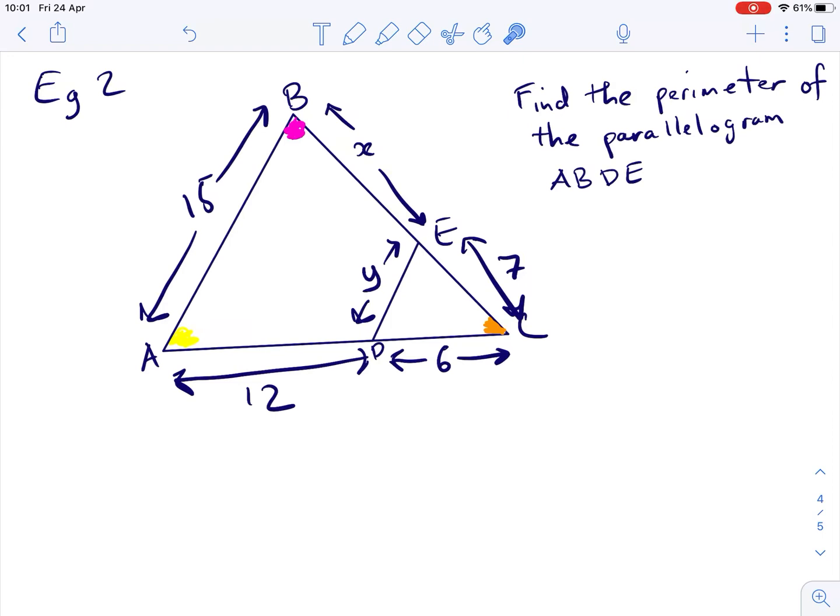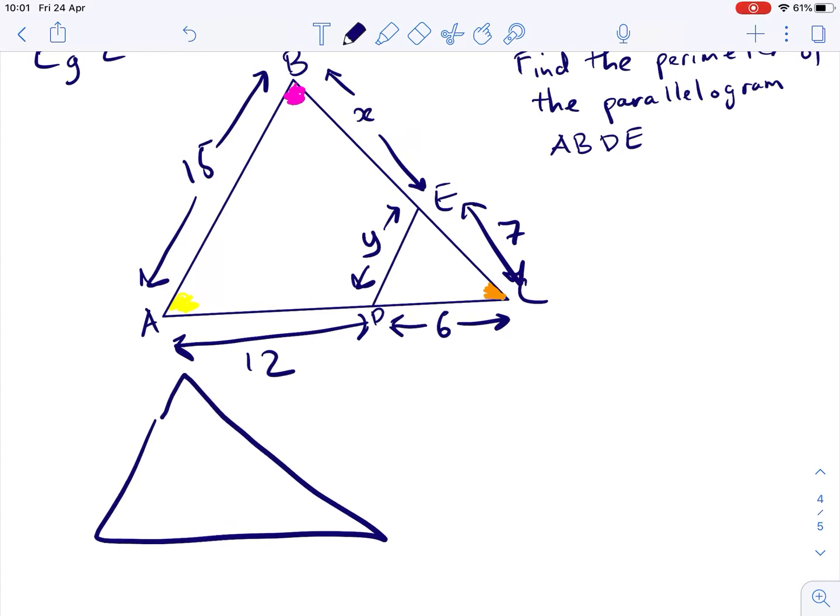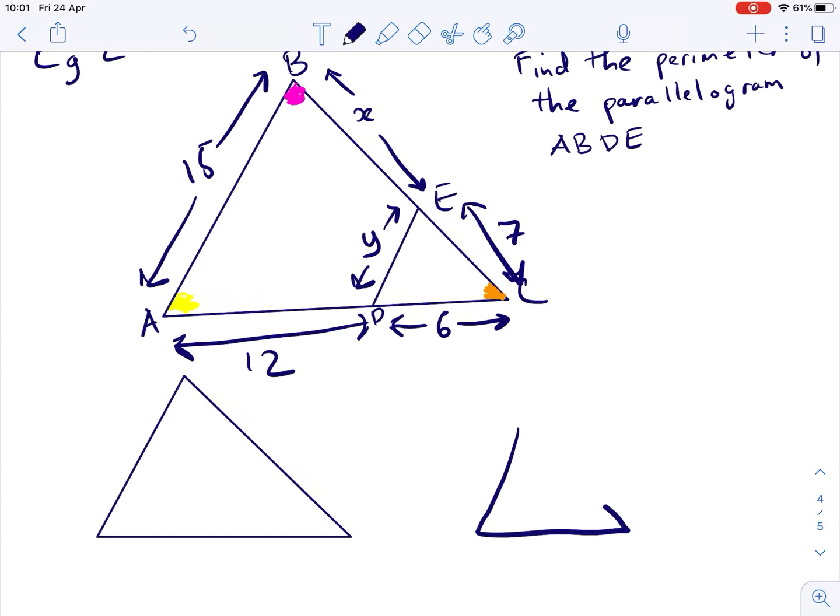We've got some things measured, we've got some things which haven't been measured. I think, as always, the best approach is to just draw out these two triangles separately. We've got a larger one and we have a smaller one. Now it's given us letters to use with this one, so it might help us to copy those letters down as well.